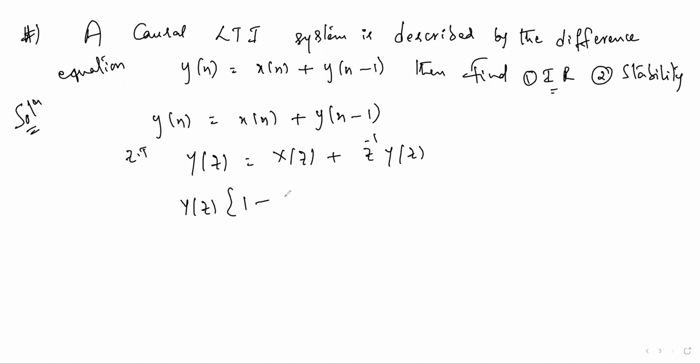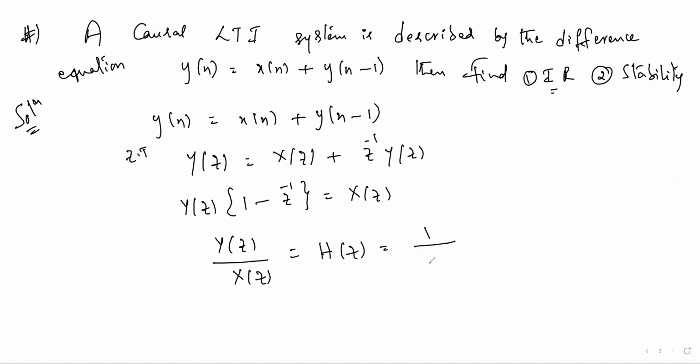Then I'll get Y of z times 1 minus z inverse is equal to X of z. Then Y of z by X of z, which is nothing but the transfer function of the system, is 1 over 1 minus z inverse, or in terms of z, z upon z minus 1. We know that the z transform of u of n is z by z minus 1.